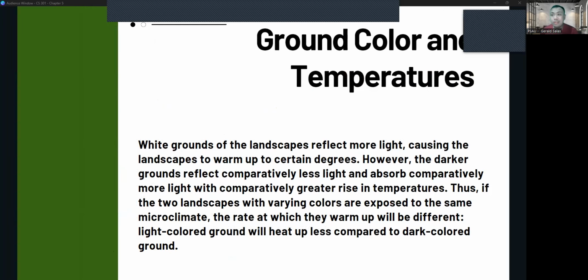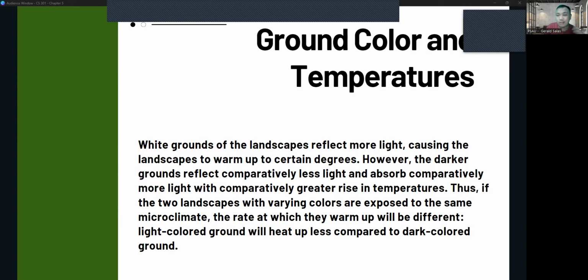Now, let's talk about the ground color and temperatures. Yung ating ground color, without the vegetation, kung wala yung vegetation, yung kulay ng lupa yung mag-appear. Now, of course, pinag-uusapan natin dito, probably you're familiar with this, yung ating albedo.